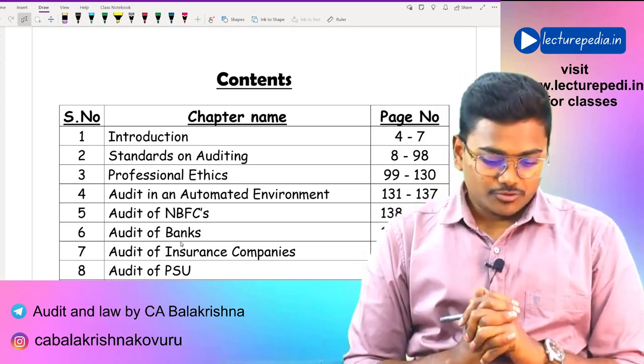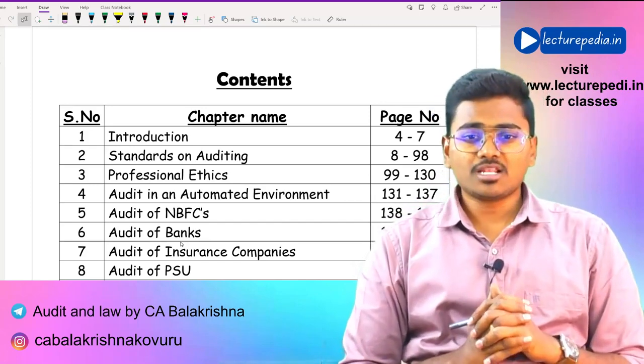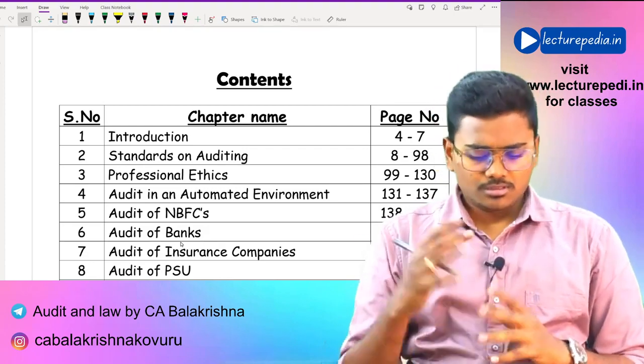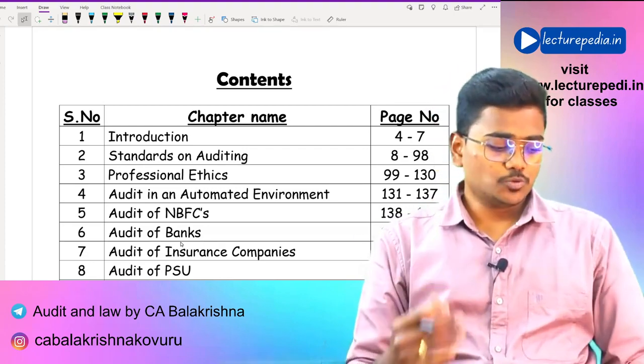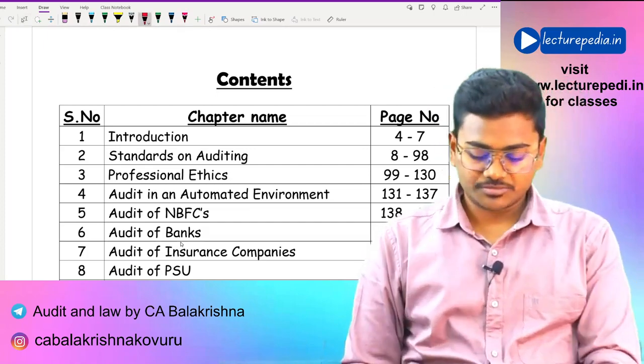Now, before starting the class, I hope you know the paper pattern. I'll just briefly explain what the paper pattern is for paper 3 auditing.